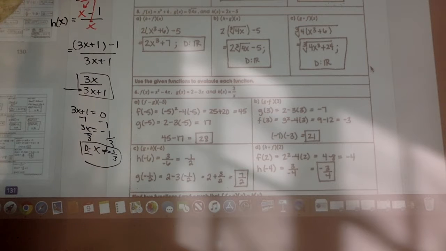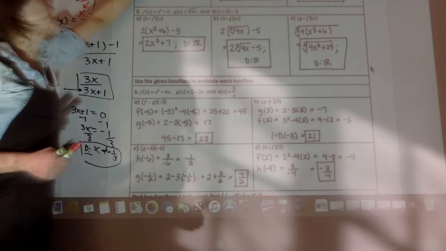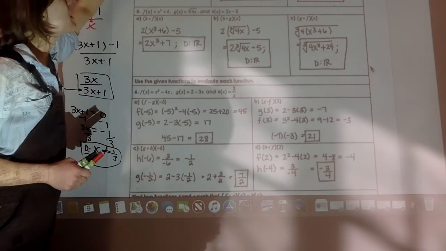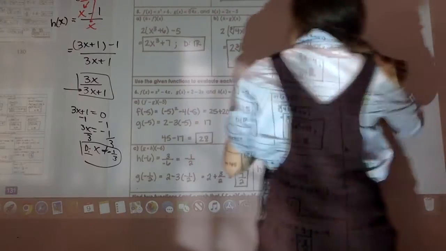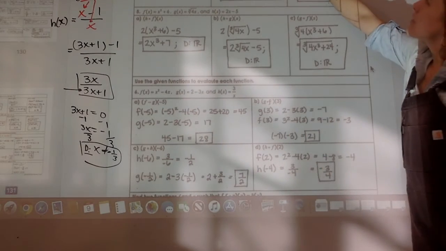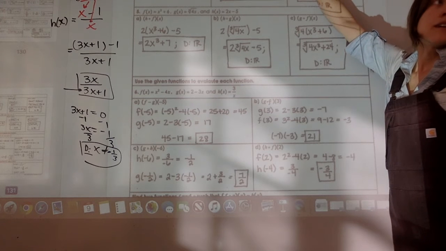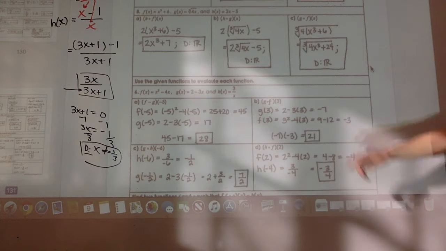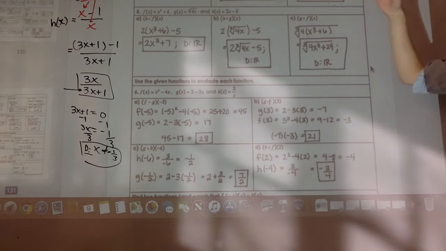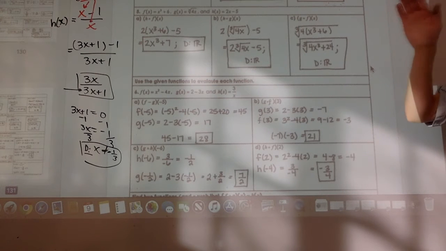So whatever letter comes first, like here in g of f of x, I'm taking the f of x function and plugging it in for the x values in the g function. For c, I'm taking the g of x function and plugging it in for the x values in the f function. So whatever letter comes first is the function I'm using, and whatever letter comes second is the function that I'm plugging in for the x values in the first function.